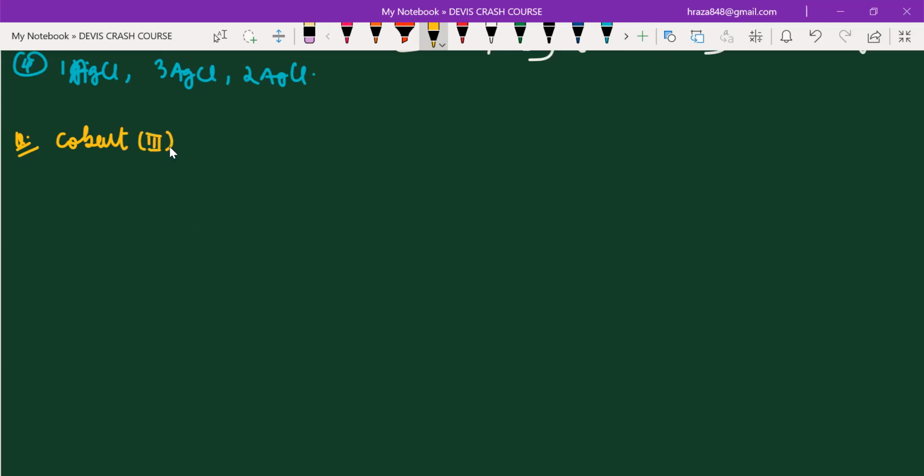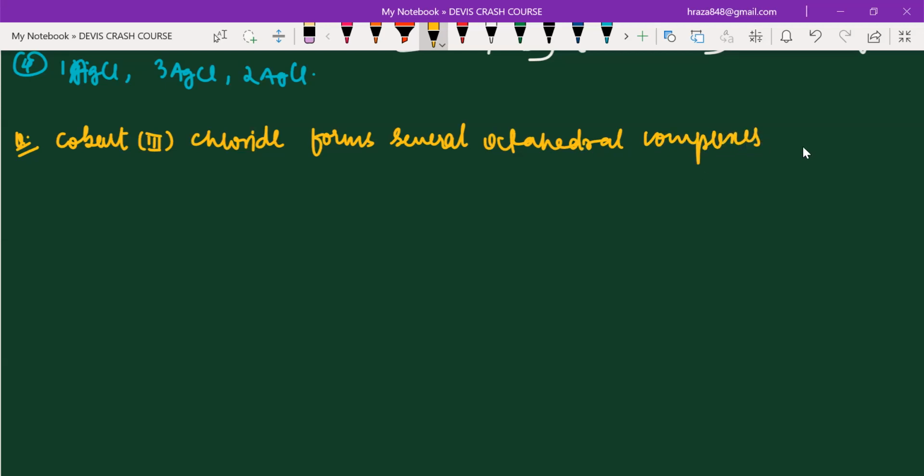Cobalt(III) chloride forms several octahedral complexes with ammonia.